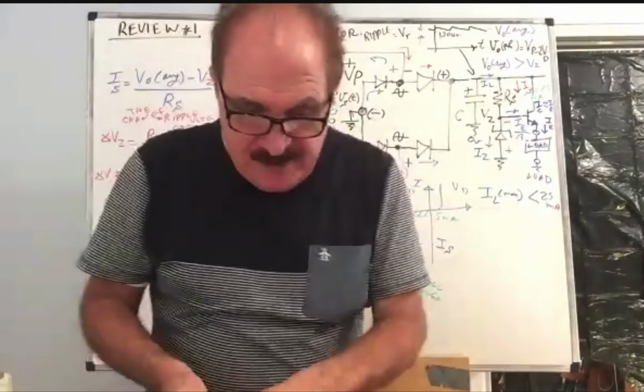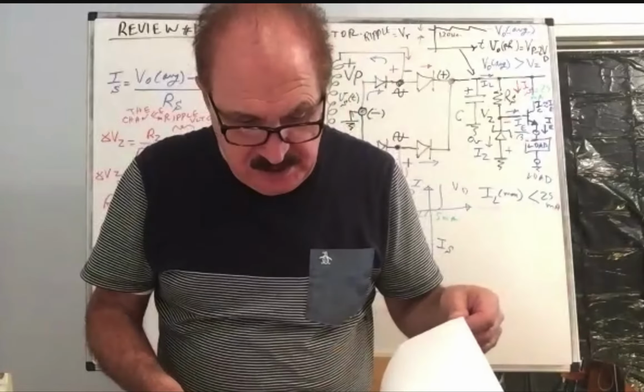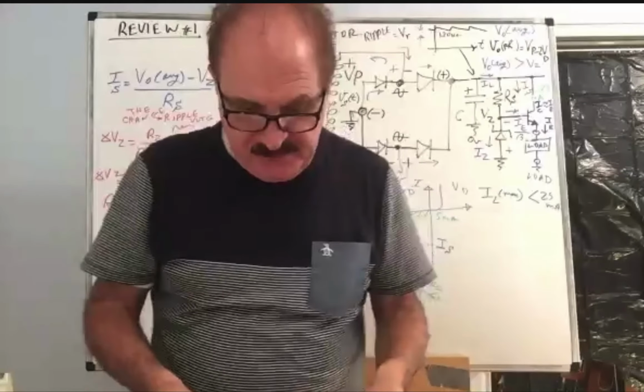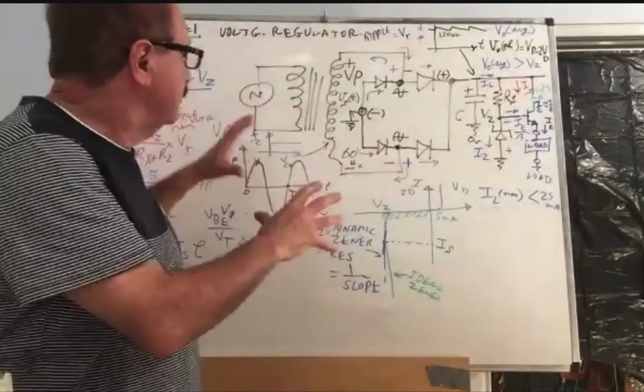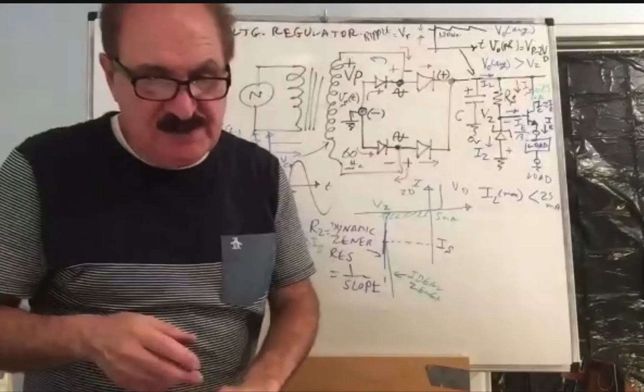Okay, now I'm going to look into the problem with numbers. So this is just explaining the mechanism of that whole thing, how it works. So let us look at the numbers.